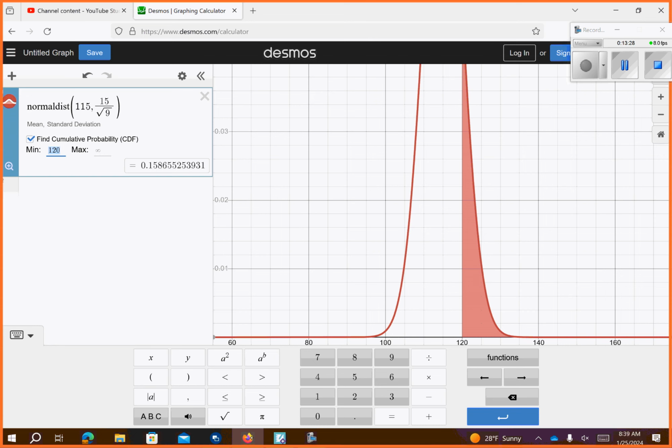But that square root of 9, this 9 right here, that's kind of iffy. All this is basically telling us if we randomly selected 9 films from the whole category of all the films, we have close to a 16% chance that it would be 120 minutes or longer. Okay, I don't like our sample size that we're selecting, but it's still there.